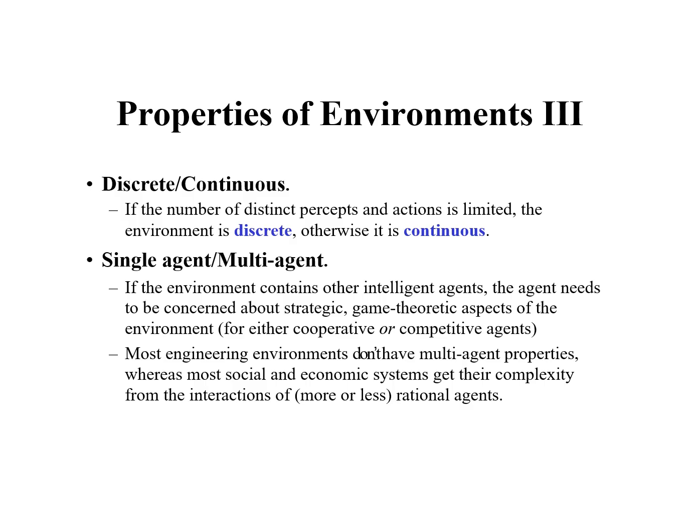Single agent or multi-agent: if the environment contains other intelligent agents, the agent needs to concern itself about strategic, game theoretic aspects of the environment for either cooperative or competitive agents. Most engineering environments don't have multi-agent properties, whereas most social and economic systems get their complexity from interactions of more or less rational agents.